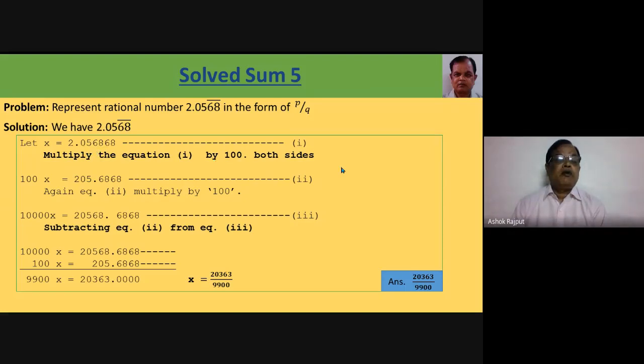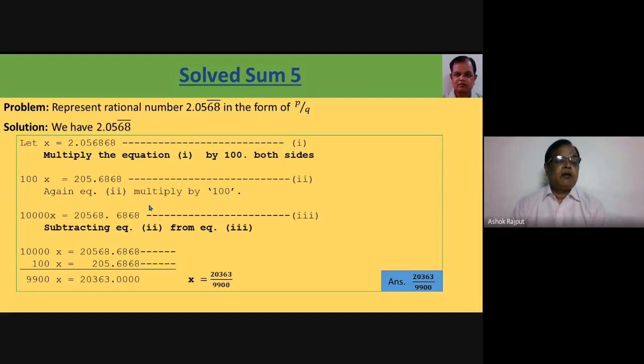2.056868 up to infinite, because the group of digits is 2, so we will multiply by 100. We have multiplied also by 100, therefore it will be equation number 1, 100x equal to 205.6868 up to infinite. Again we have multiplied it by 100, because we want to make the digits after the decimal equal.